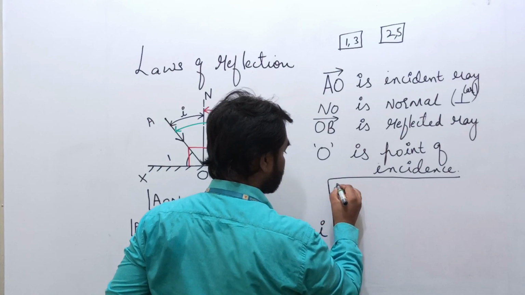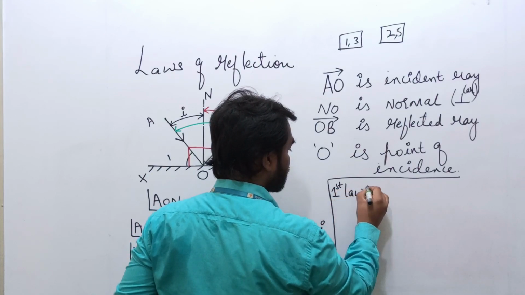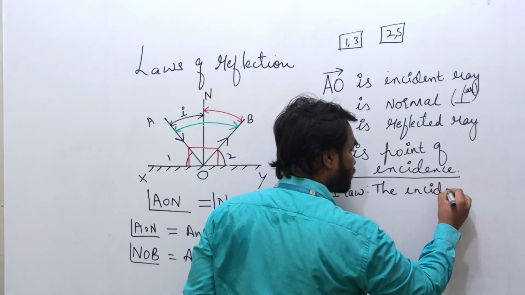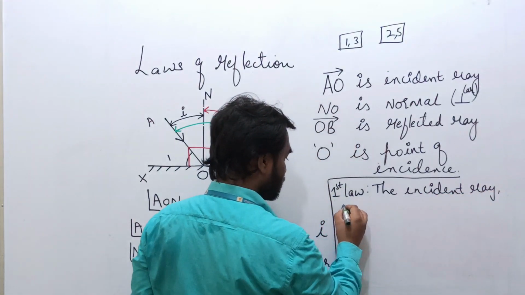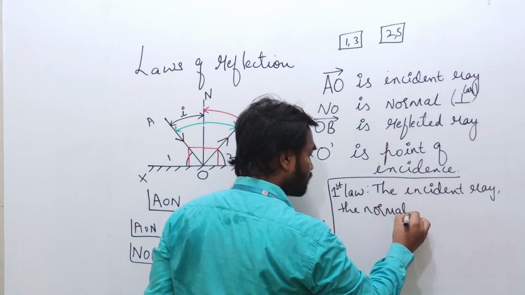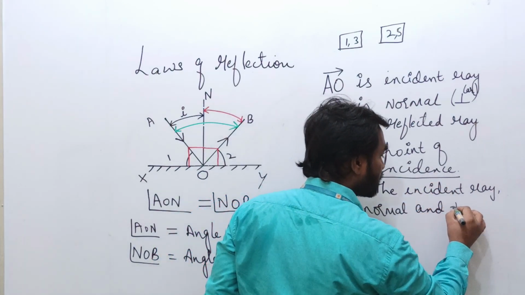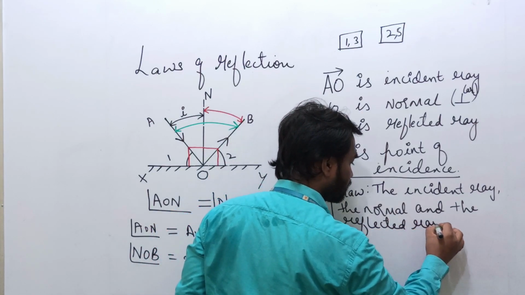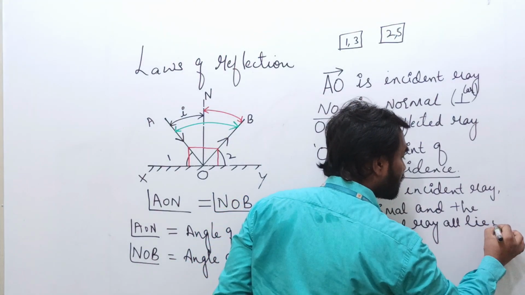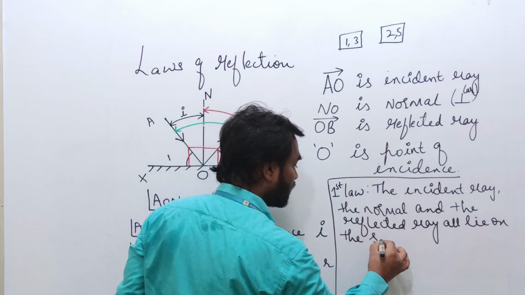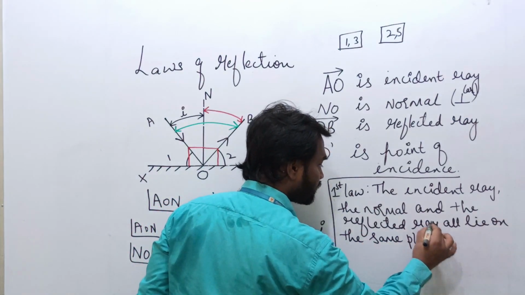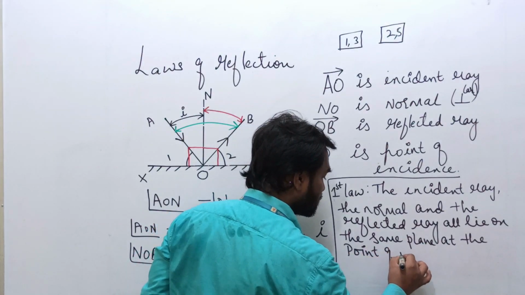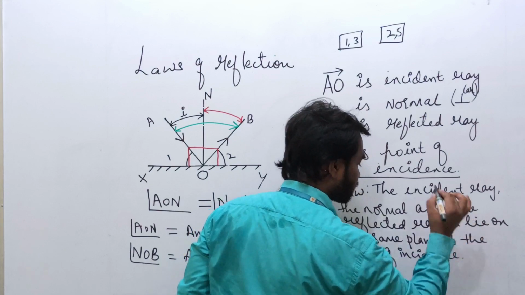The first law of reflection is: the incident ray, the normal and the reflected ray all lie on the same plane at the point of incidence. Okay, this is the first law.